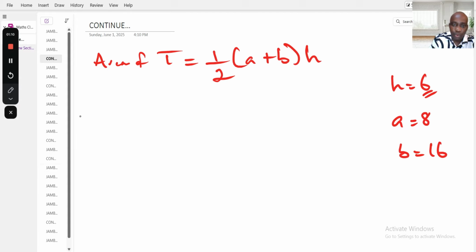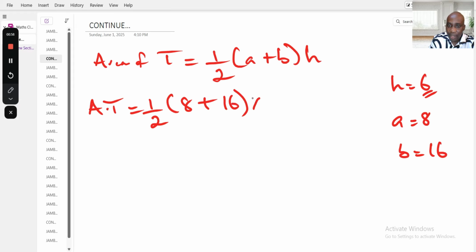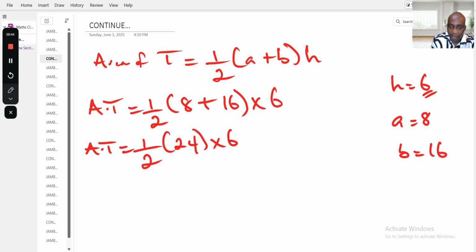Therefore, let's begin to work this out. Area of trapezium is 1/2 times (8 plus 16) times 6. 8 plus 16 gives us 24, multiplied by 6.